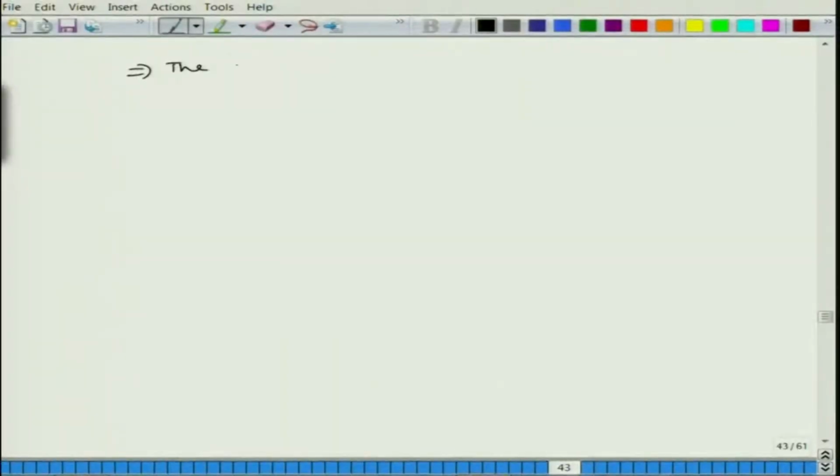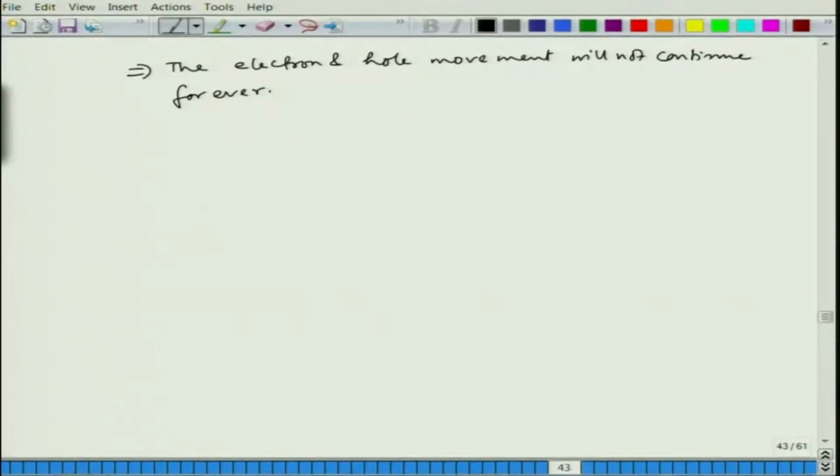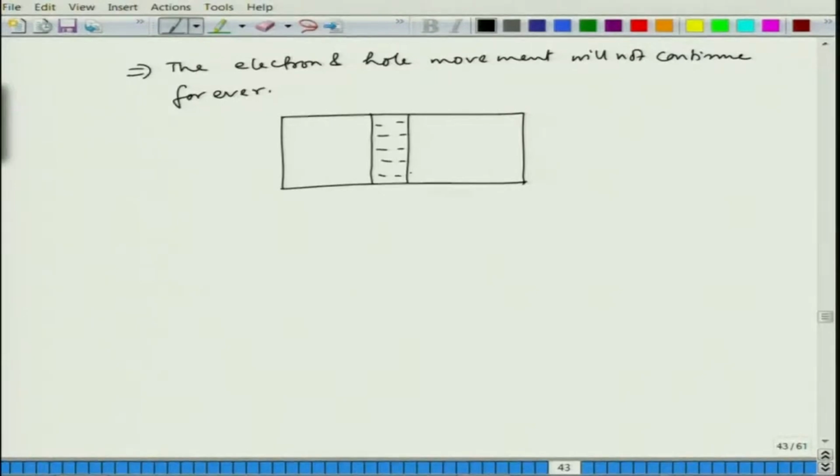But this process of holes moving to the n type and electrons moving to the p type will not continue forever, right. The electron and hole movement will not continue forever. They will come to some equilibrium, because, so we can think of it like this, if this is the junction, now here we have some negative charge domain, right.